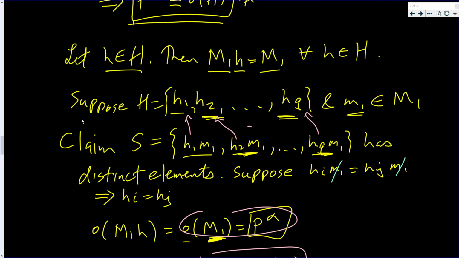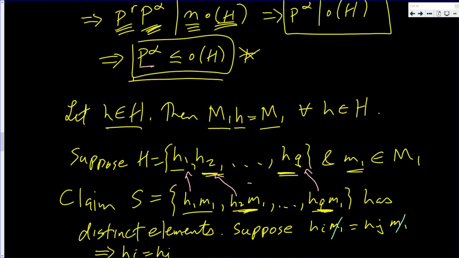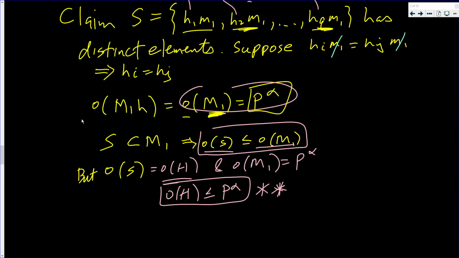Now, I have p to the alpha is less than or equal to the order of H, and now I have p to the alpha is greater than or equal to the order of H. Star and double star implies that the order of H is equal to p to the alpha.